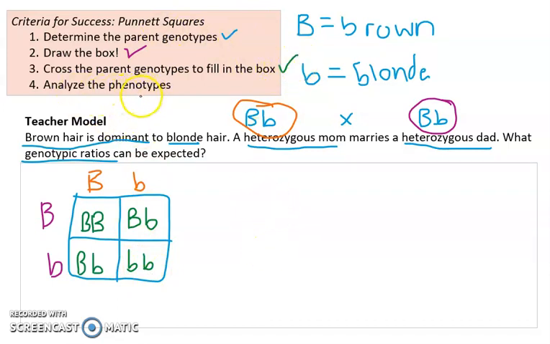Next up, I have to analyze the phenotypes. This question doesn't really ask me about phenotypes, it asks me about genotypic ratio. So what this means is I have to put all of the genotypes that are in this box to the side here. So I have 2 uppercase B, so this is homozygous dominant. Because it's a ratio, I'm going to put little colons like this.